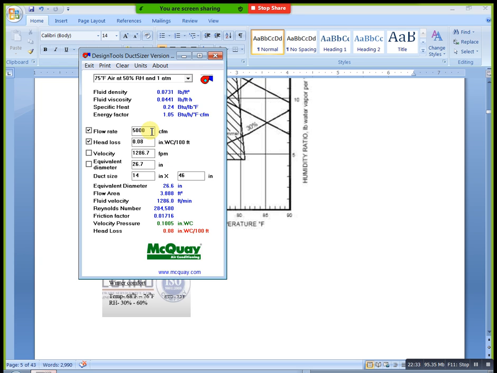But you will compare with this value, 0.08 and 5000. When you compare with this value, we have about 13% less. This value is less than that value, right? Meaning it automatically increases your duct size.